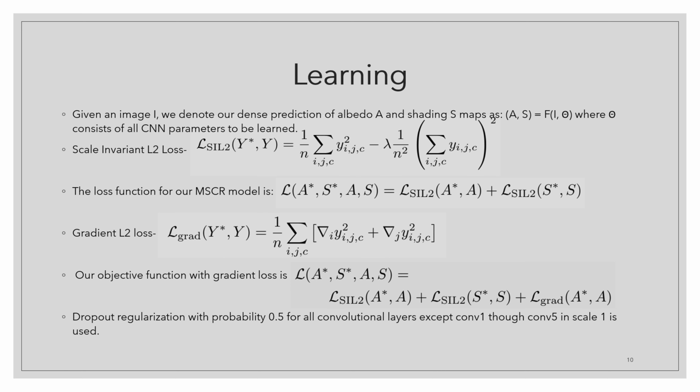Though large compared to other datasets for intrinsic image decomposition, MPI Sintel with 890 examples is still small compared to the large-scale datasets for image classification, on which deep networks have been a success. We find it necessary to add additional regularization during training and employ dropout with probability of 0.5 for all convolutional layers except conv1 through conv5 in scale 1.